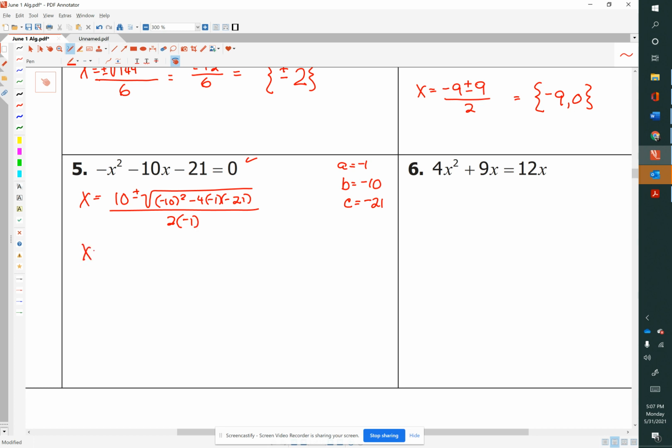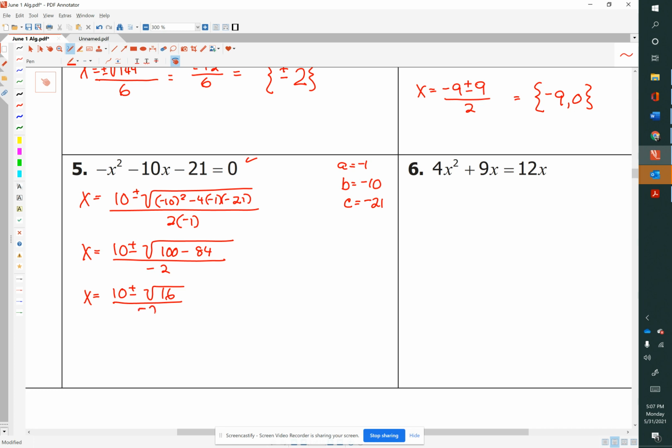And let's start simplifying. So in the numerator, we'll end up with 100 minus 84 divided by negative 2. And 100 minus 84 is 16, which is a perfect square.